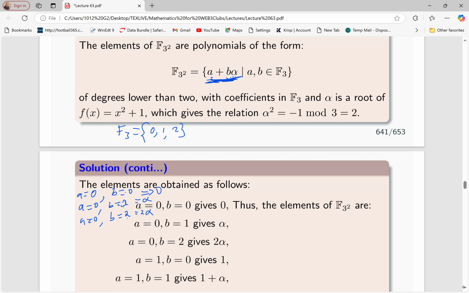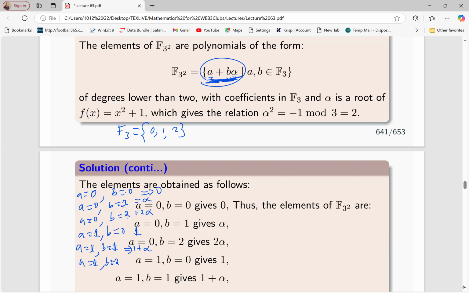Now, the other possibility is that A can be 1. If A is 1, B can also be 0, and this equation gives us 1. We can also have A as 1 and B as 1 as well. If that is the case, then we have 1 plus alpha. We can also have A being 1 and B being 2.